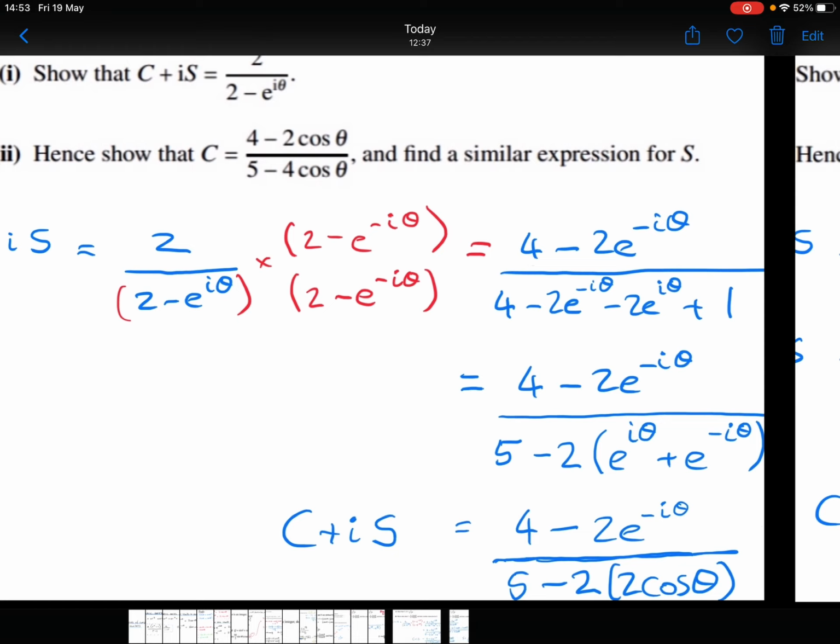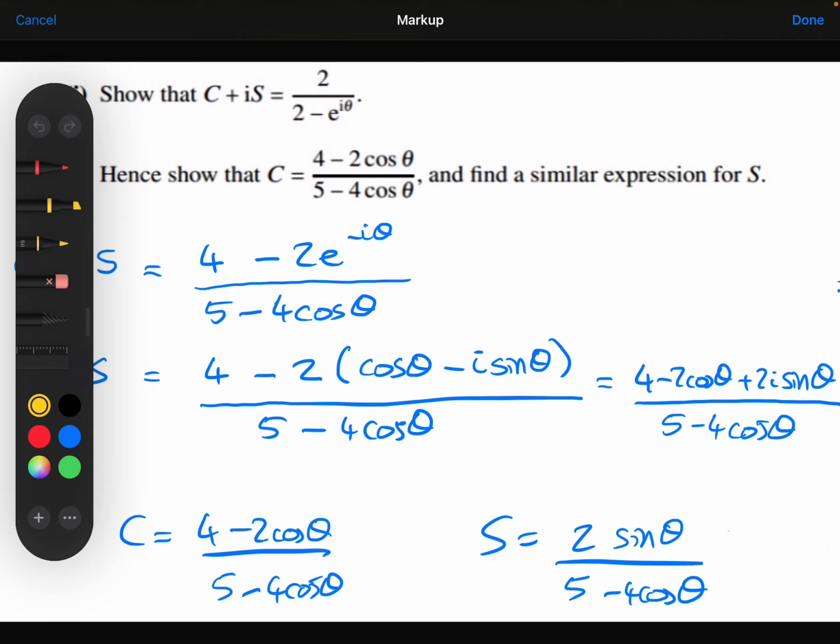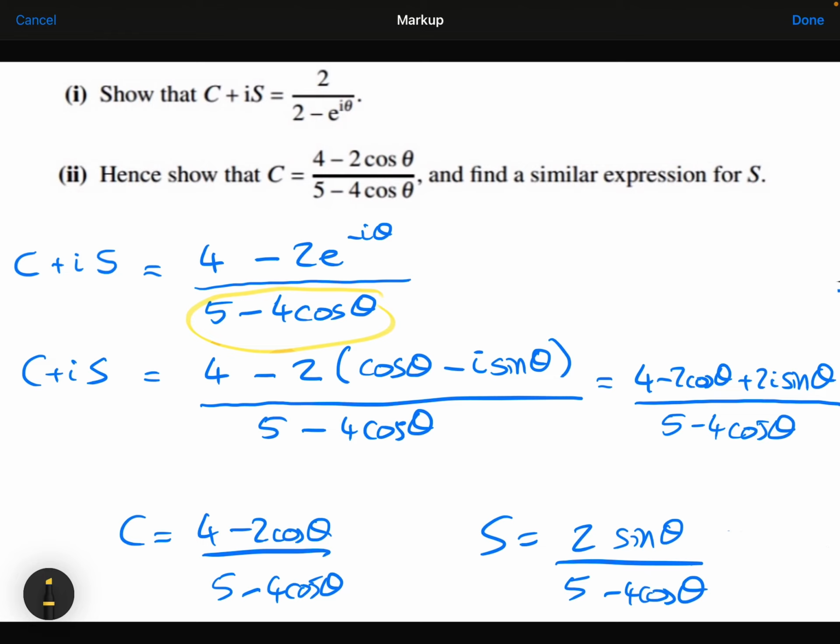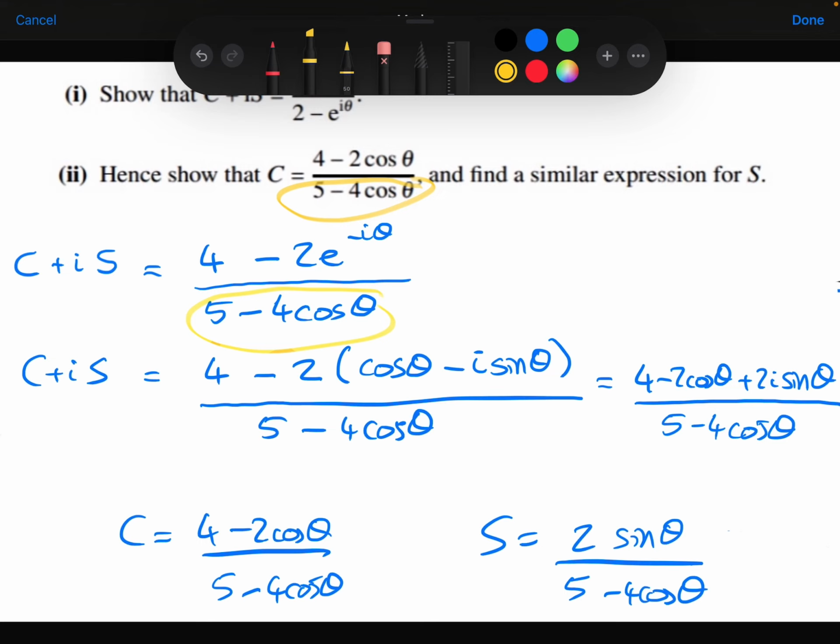Okay, carrying on from there, just to finish off this question then. So we've got my denominator matching up now. The numerator doesn't, I need to do something about that. So I'm going to rewrite this e to the minus I theta in its modulus argument form.